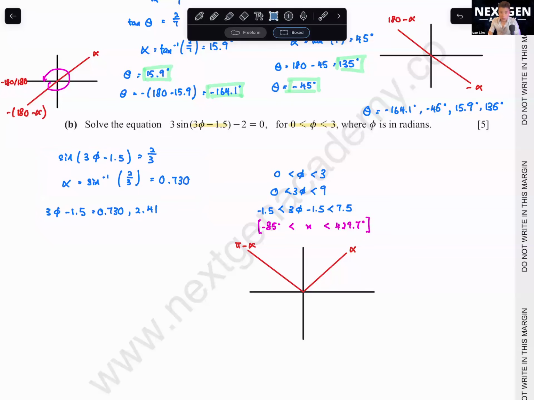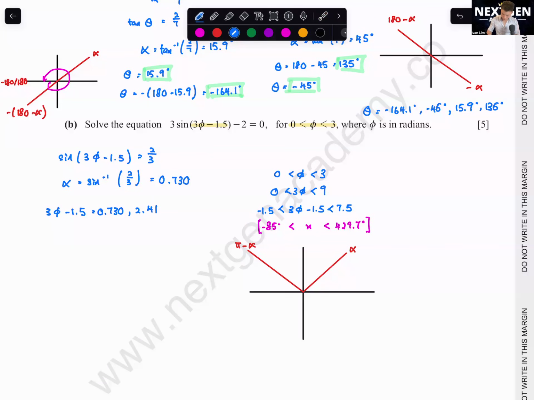What are we going to do with these two values? Because there is one that is at the negative, one that is at the positive. So let's say we don't know which is which. I want you to just type in your calculator both the values, and plus and minus 2 pi to all of them.